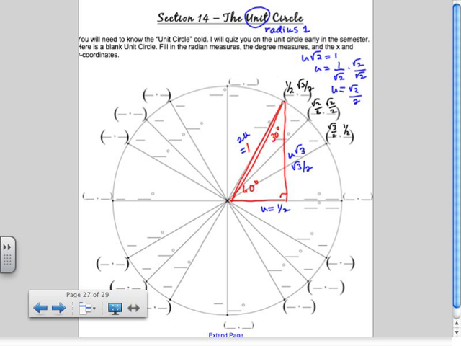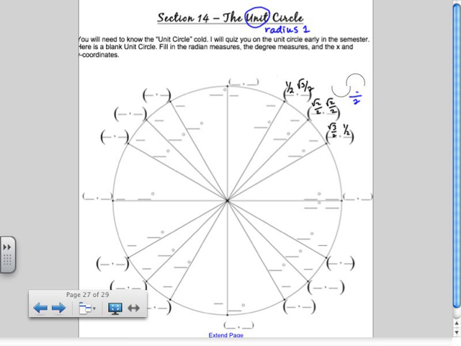Now this is basically all you need to know for the unit circle because the unit circle is symmetric. So if I was going to draw in some different values, the one that goes out here, I know my radius is 1, so it's 1, 0. The one at the top is 0, 1. Okay, so we got all those. Now let's use symmetry.